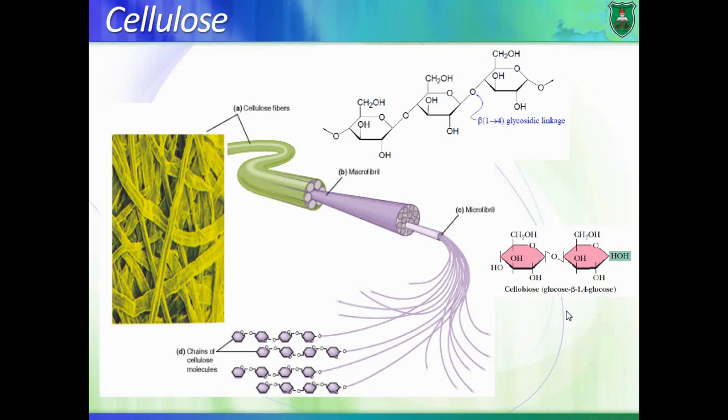Cellulose cannot be digested by our GI system because we don't have the enzyme cellulase in our intestines to break down this beta-1,4 linkage between glucose residues. That's why whenever we ingest cellulose fibers, meaning the fibers in food, specifically in fruits and vegetables, they stay as they are, not digested in the intestinal tract.